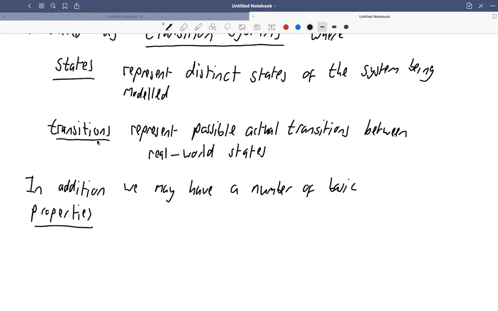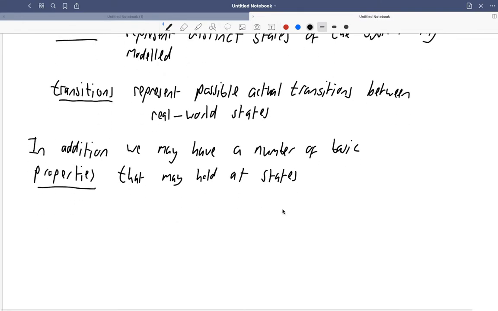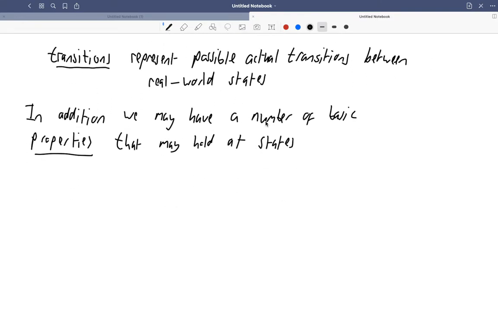So we have states, transitions, and properties in general. And they hold at states. For example, this is just to illustrate the sort of thing we're talking about. It is an error state.